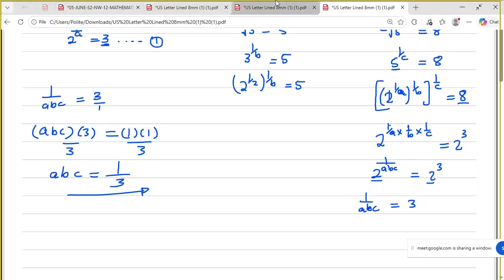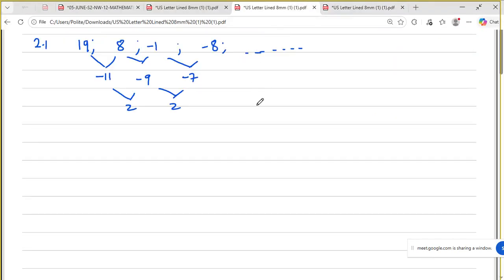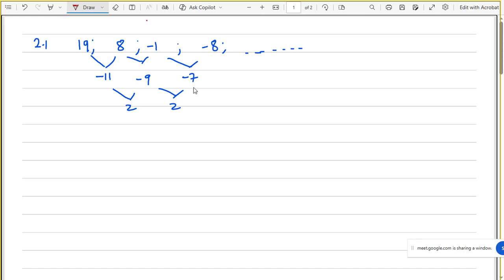Whatever number I get here, when I find the difference of these two numbers, it should give me 2. Since we find the difference by subtracting, we need to add. So -7, we add 2, and that equals -5.